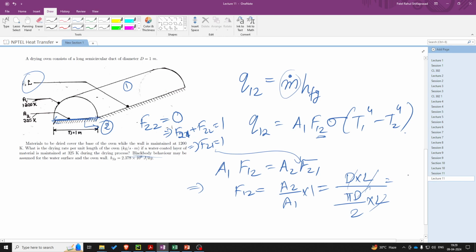So this 2 upon pi will give us the view factor, that is F12 will be 0.637.